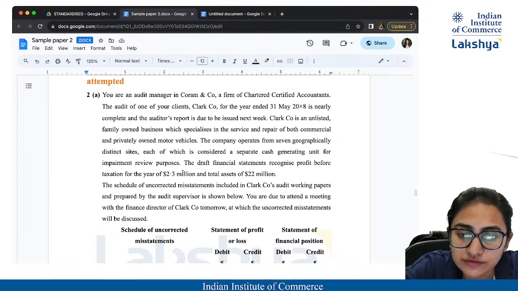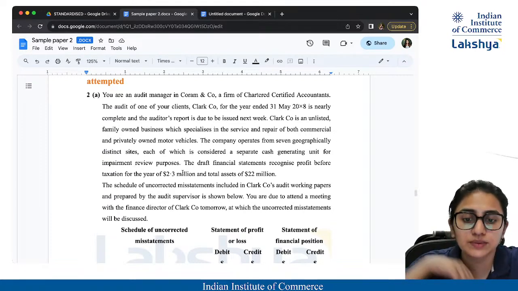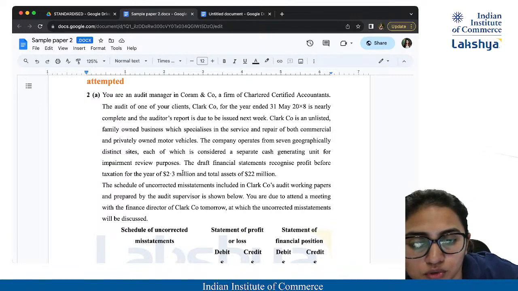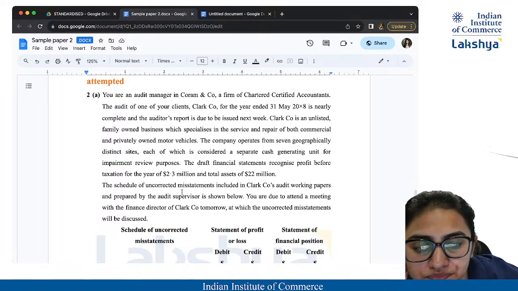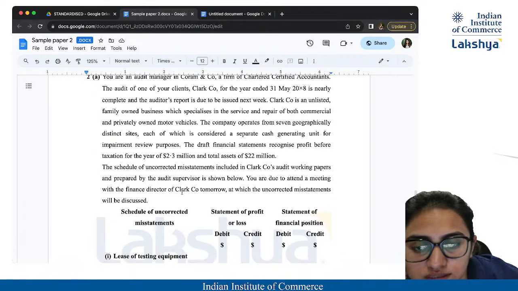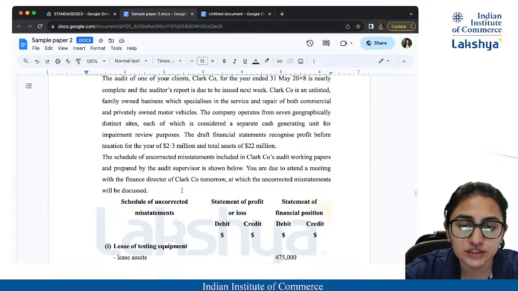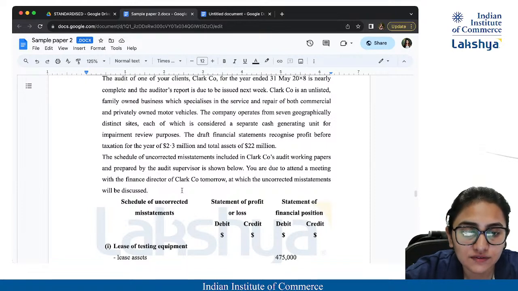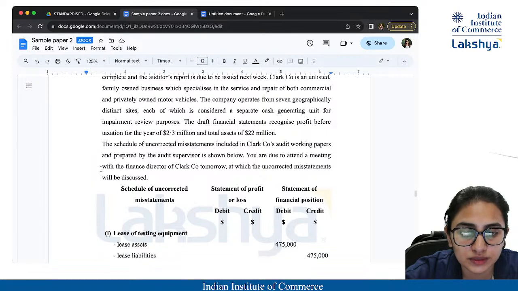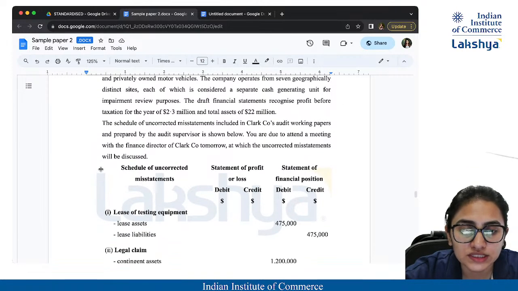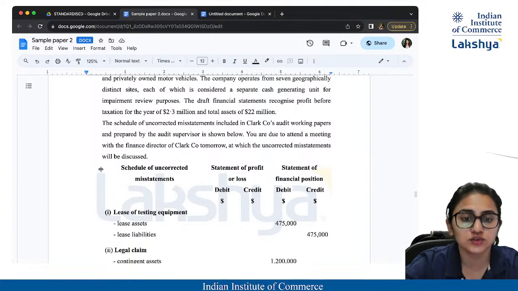Clark Company is an unlisted family-owned business which specializes in the services and repair of both commercial and privately owned motor vehicles.